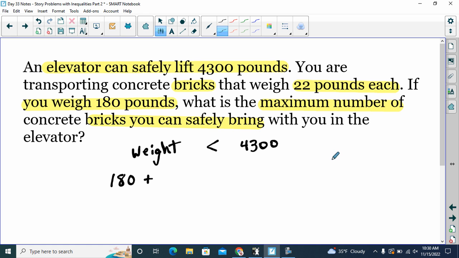Plus you're going to put a whole bunch of bricks on this elevator. We don't know how many bricks that we're going to put on. Let's call X the number of bricks. And each one weighs 22 pounds. So the weight added due to bricks is 22 pounds times the number of bricks that we add.